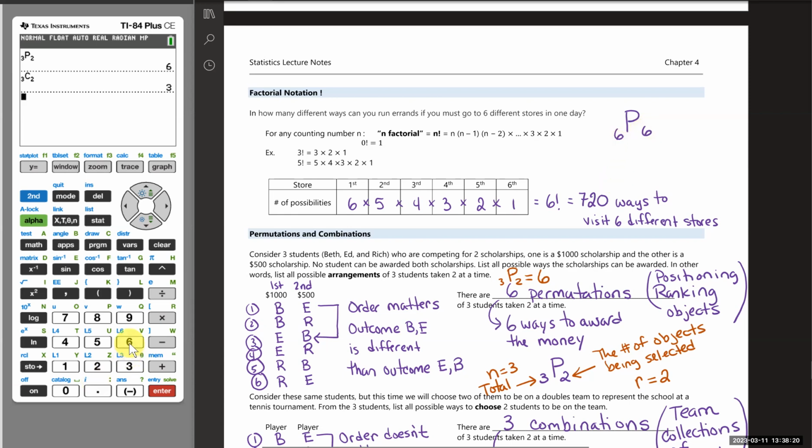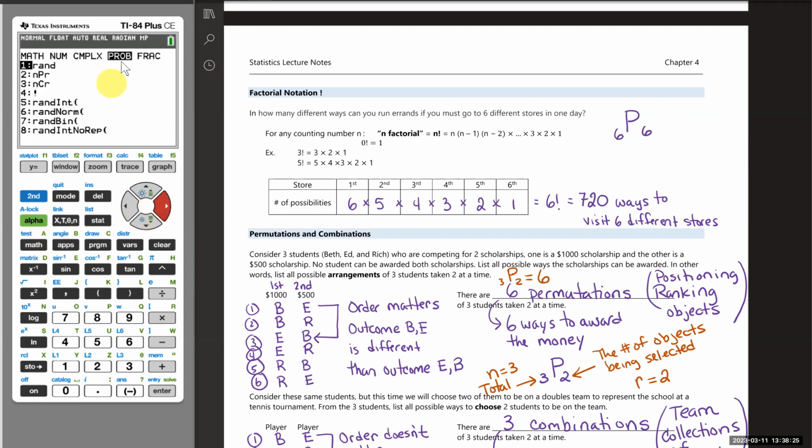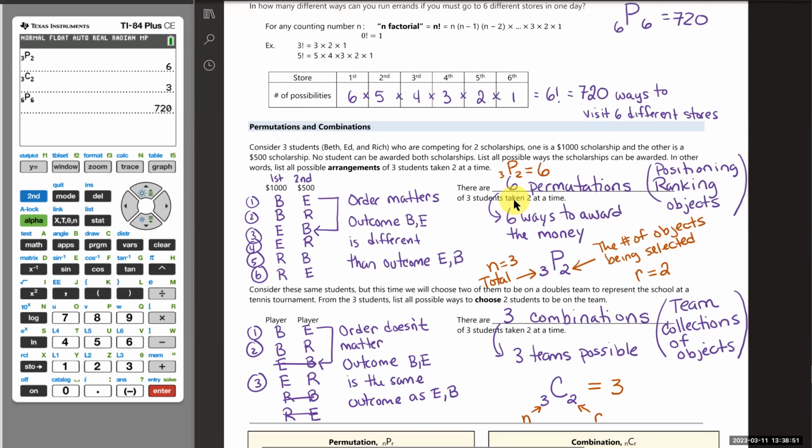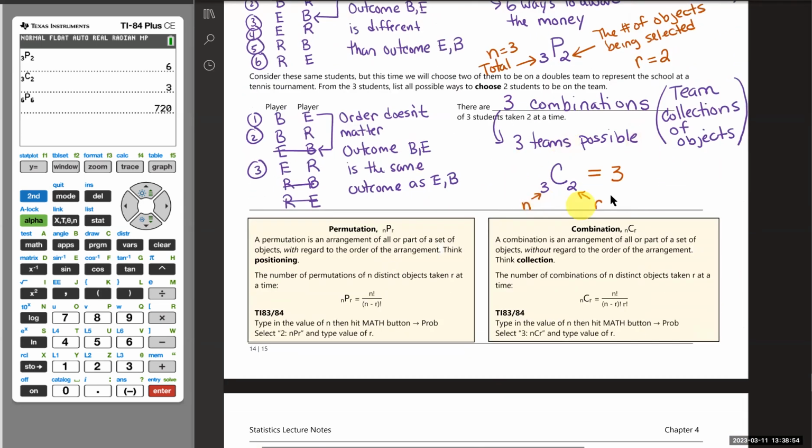And again, typing that on the calculator, you would do the 6, your math button, you go to your probability menu, and you pick your nPr. And then you enter the subscript on the right, and that would also give you 720. So permutations are actually something that could be done using the fundamental counting principle we did before. So we kind of have a choice there. But when it comes to combinations, we will rely here on technology.